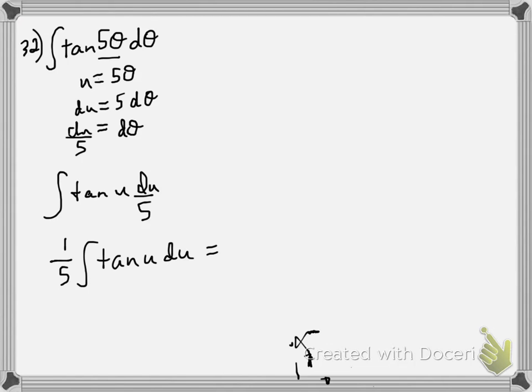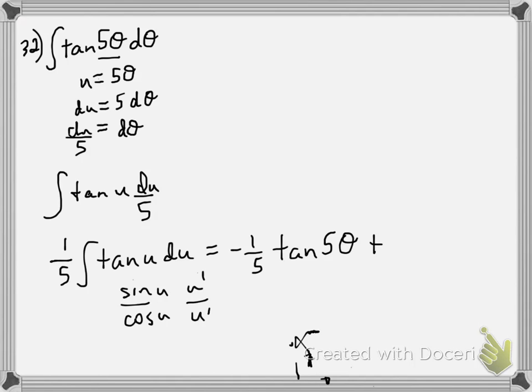We just said the integral of tangent. Tangent is sine over cosine, and I would memorize it like this. To memorize it, you have to rewrite it. So that's u prime over u, with the exception of the u prime should have a negative. So final answer, negative 1/5 natural log of tangent 5 theta plus c.